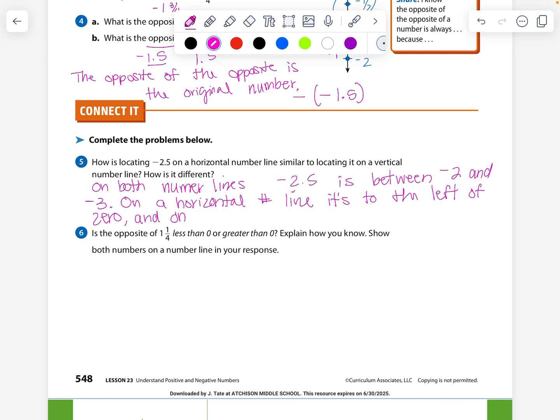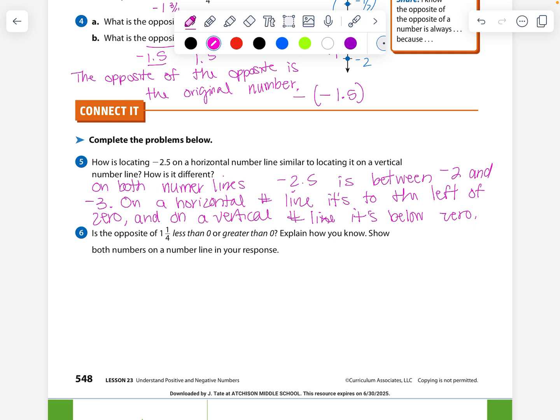And on a vertical number line, it's below 0. Okay. Sorry, that's really sloppy.